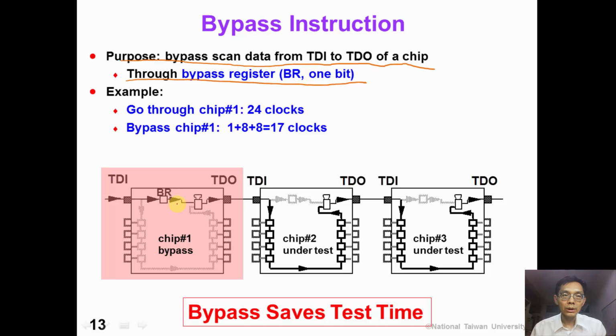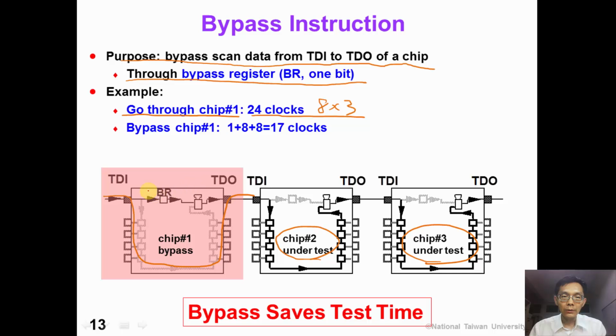For example, in the following picture, suppose that chip number 2 and chip number 3 are our chips under test. If we go through chip number 1, which has 8 bits of boundary scan register, in this way we would need 8 by 3, which is 24 clocks, to shift in the data.